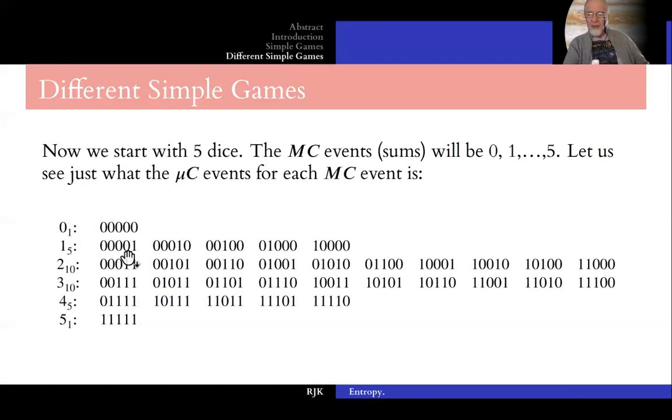Does everybody know what the complement of a set of bits is? Yeah. Okay, complement just changes the zeros to 1s and 1s to 0s. So each one of these is a complement of the corresponding one up there. And similarly, there can be a 2 and a 3. There are 5 1s, there are 10 2s, 10 3s, and 5 4s, and only 1 5 and 1 0.